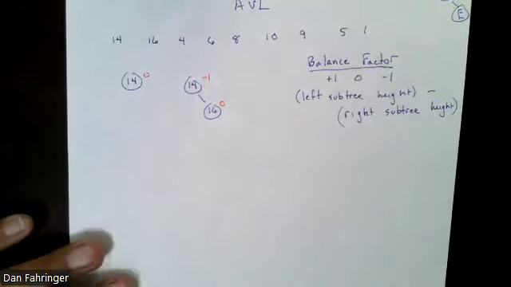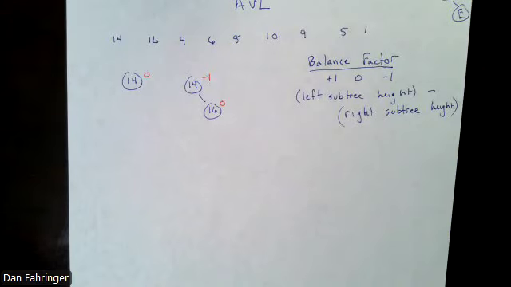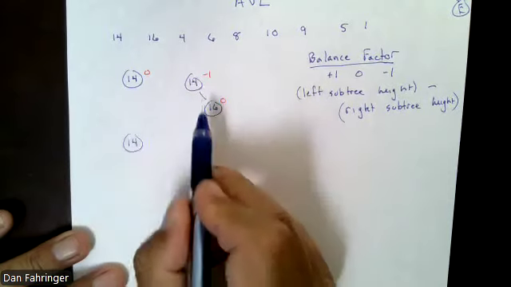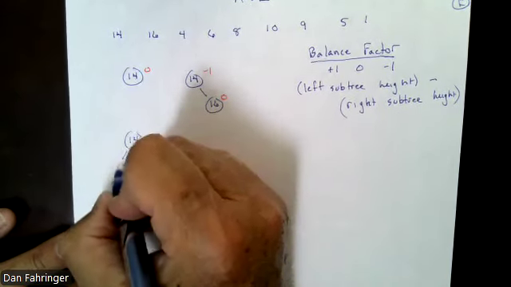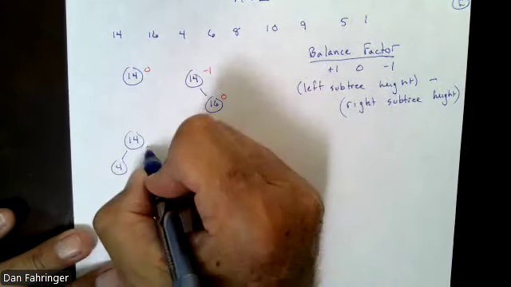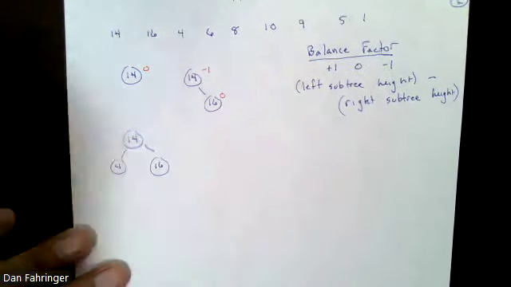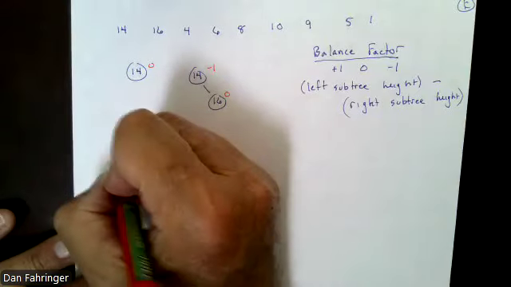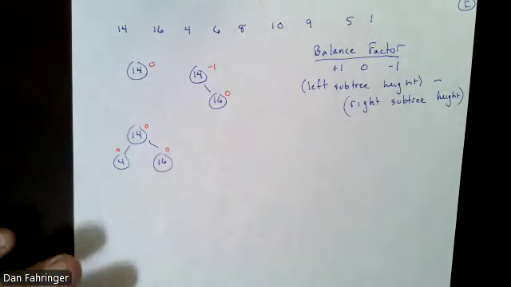We're okay with that. We like those numbers. Next number I'm going to add is a 4. 4 is less than 14, so it goes to the left. 16 was greater, so it went to the right. Looking at balance factors, I have 0, 0, 0. Everybody's happy.